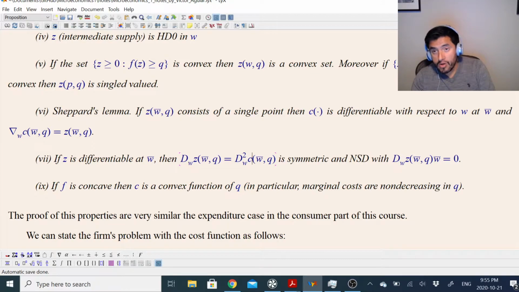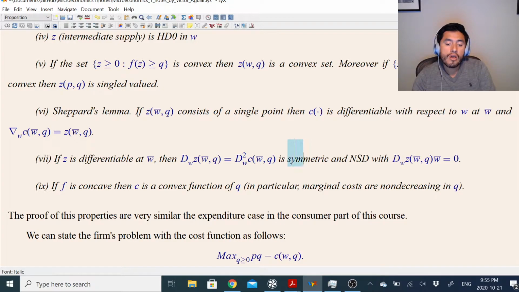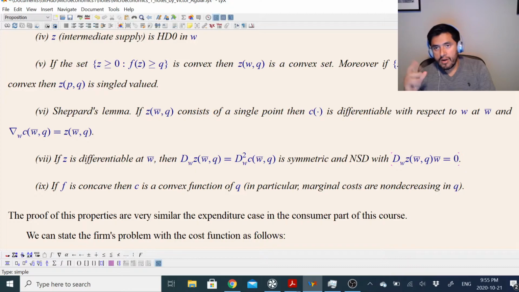So remember, the cost function here is concave, so therefore it has to be continuous. The continuity property gives you symmetry of this matrix, and the concavity gives you negative semi-definiteness. So this is the same as the case of the expenditure function. And then here finally we have the homogeneity in prices.